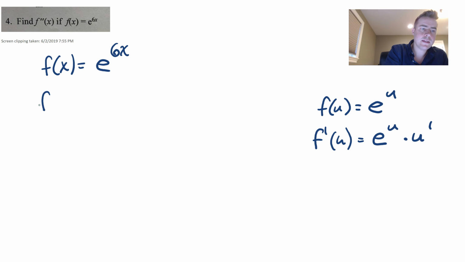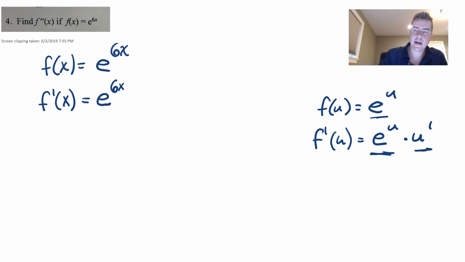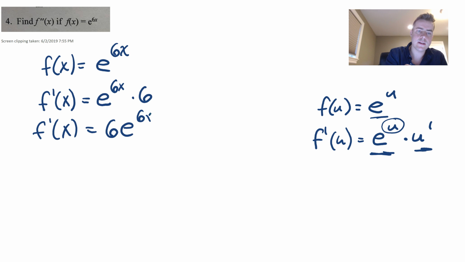So if I want to take the first derivative of this, this is like e to the 6x, we keep that the same, just e to the u, times the derivative of this top part up here. So times the derivative of 6x, well, that would simply just be 6. So f prime of x is just 6e to the 6x.